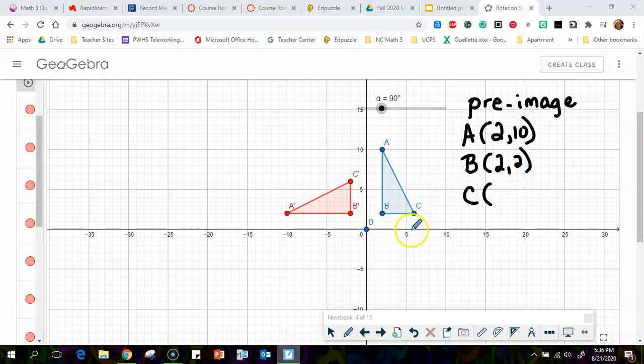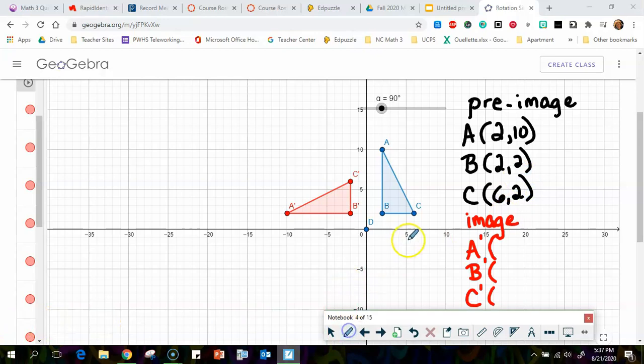And C is at 6, 2. And then let's look at what we have with the image. The A is at negative 10, 2. B is at negative 2, 2. And C is at negative 2, 6.